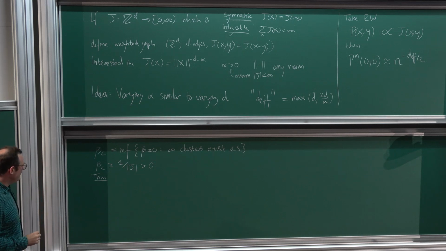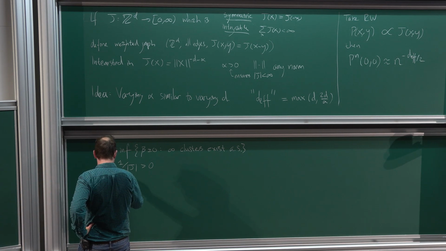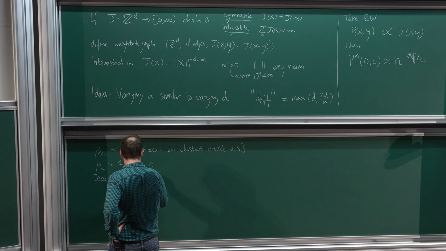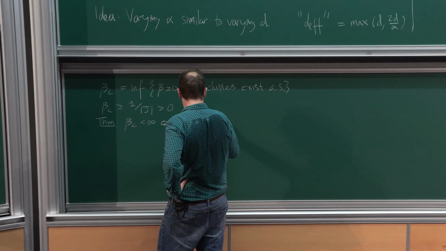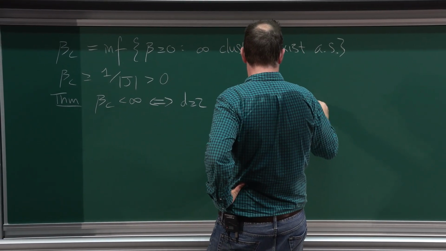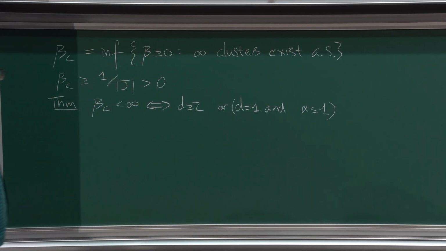And regarding when beta c is finite, which is the analog of pc being less than 1, beta c is less than infinity if and only if d is at least 2, or d equals 1 and alpha is less than or equal to 1.